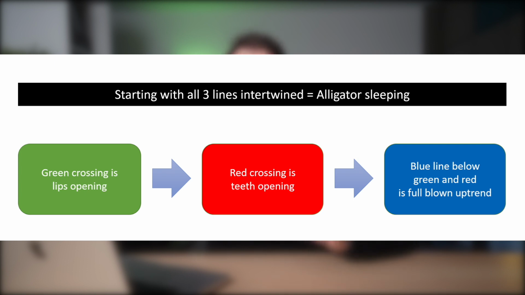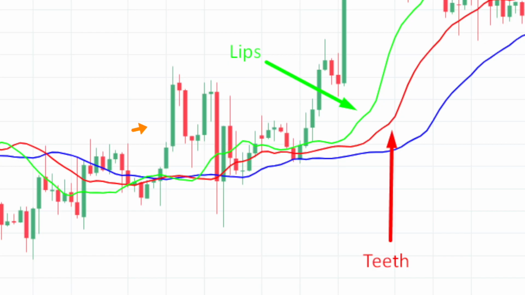Following the green line, the lines of the teeth and jaws, the red and blue ones, begin to acquire directions. When the three moving averages line up in the same direction, the trader decides whether to enter the market or not. When the next candlestick closes above or below the moving averages, it is a signal to enter a buy or a sell trade.